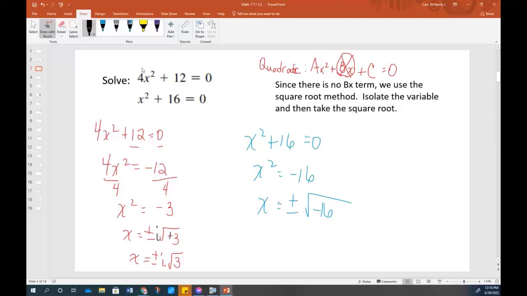We're going to take the i out. And then the square root of 16 is 4. So we have x is equal to plus or minus 4i. Now, of course, they wouldn't have to have an i in them, but we need to go ahead and kind of review that as we go along.